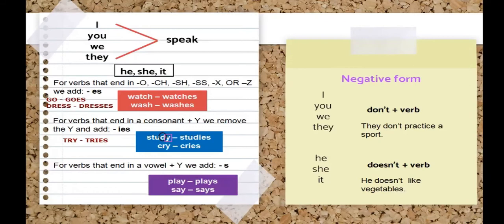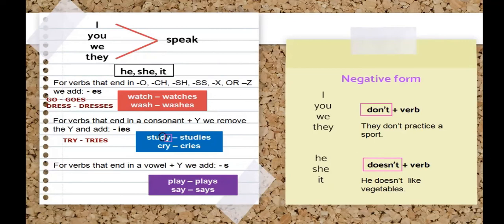And now for the negative form, we need the auxiliaries. For I, you, we, they, we use the auxiliary do, and the negative form of do is don't. And for he, she, it, we use the auxiliary doesn't, because does ends with O. So we have to add es and add the negative form.